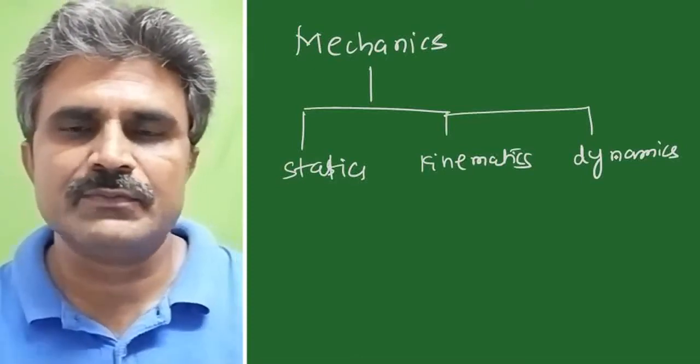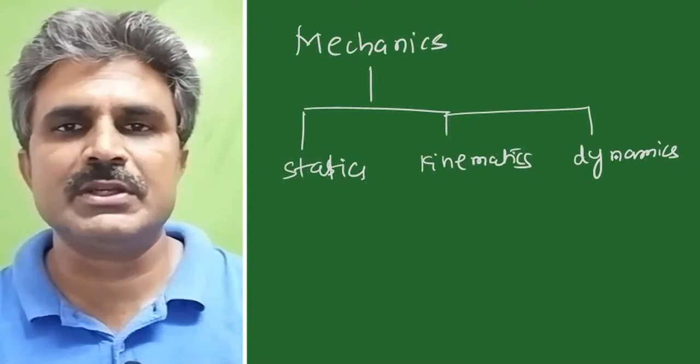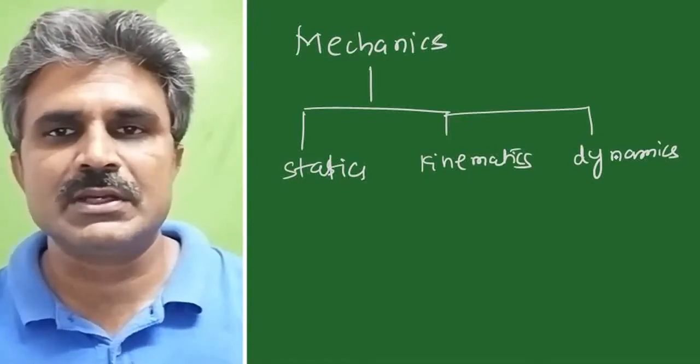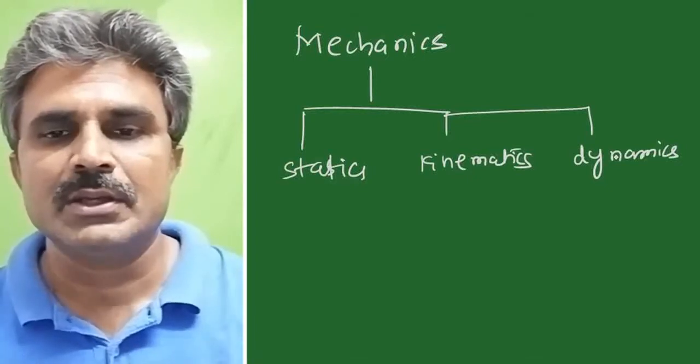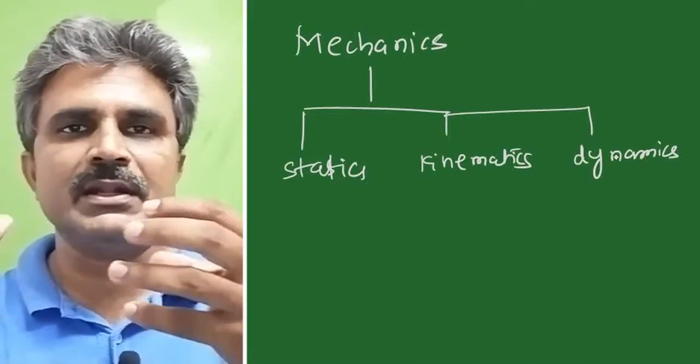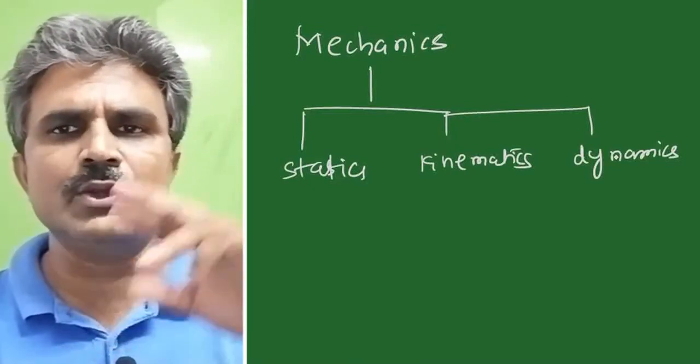Kinematics is a branch of physics where we study the motion of the object, but we don't study the cause of the motion. For example, if I hit a ball, it will go.